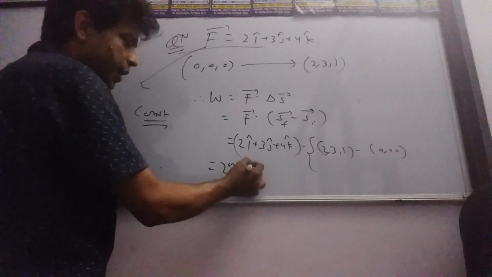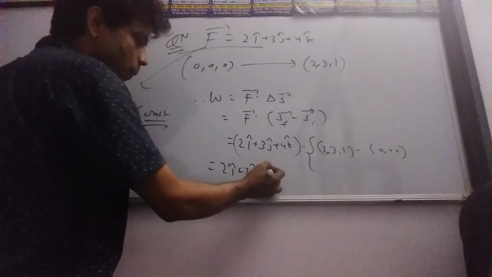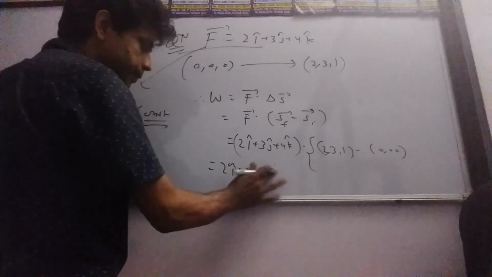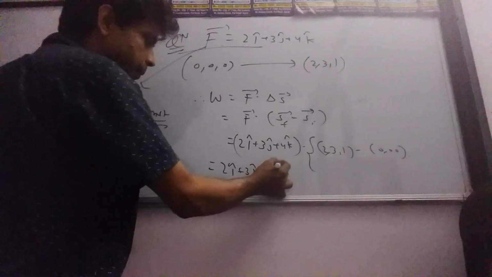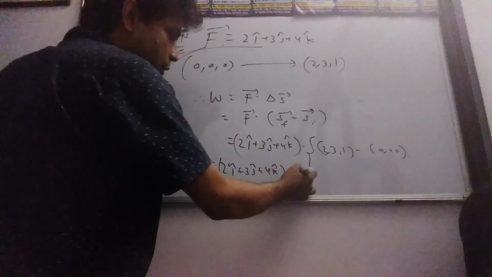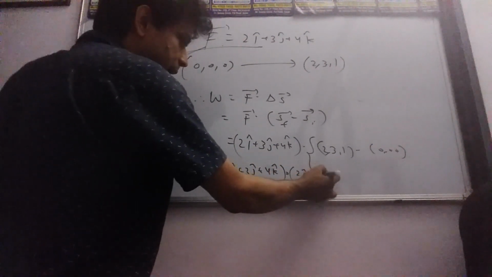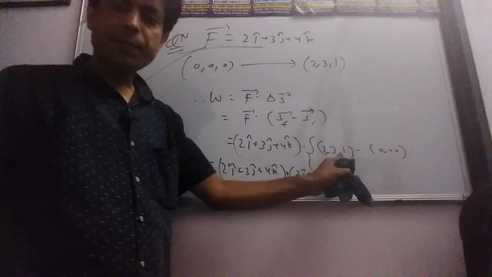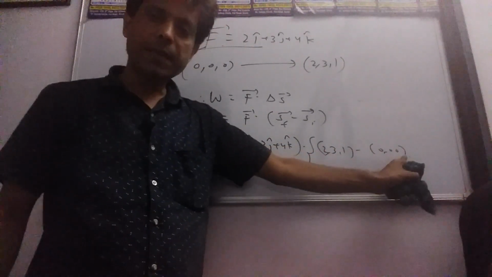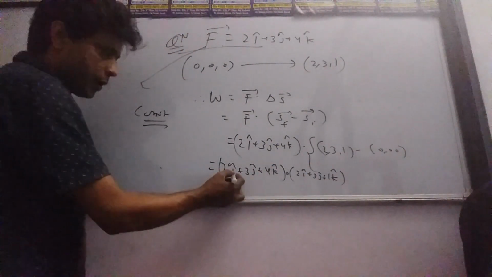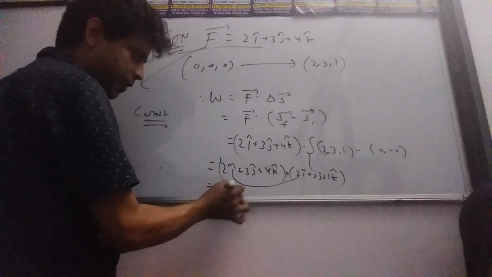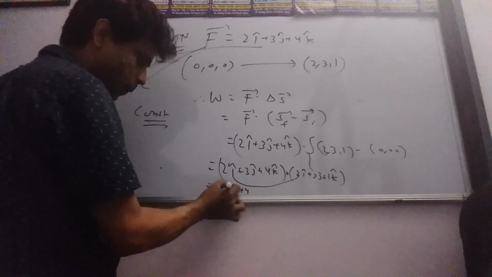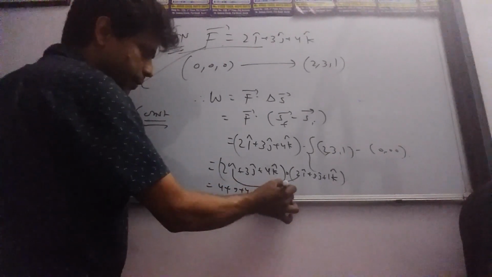2i cap, 3j cap, 4k cap dot 2i cap plus 3j cap plus 1k cap minus 0i cap. Now this one is 4 plus 9 plus 4, 17 joule.